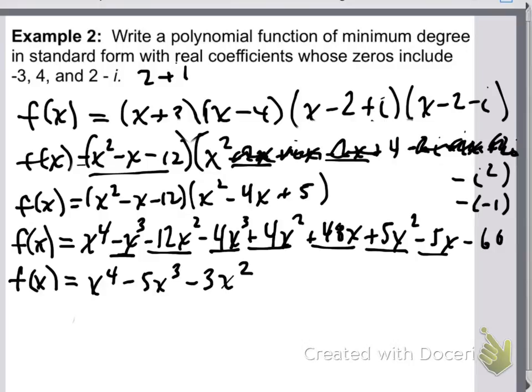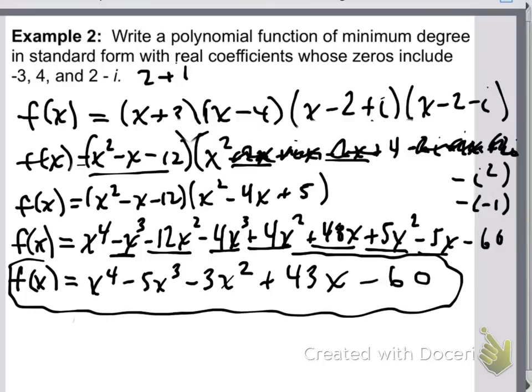Then 48x and a negative 5x, so that's going to be a positive 43x, minus 60. Alright, so it was a lot of work, but there's our polynomial written in standard form, and we found that out just by knowing what the 4 roots or my 4 zeros were.